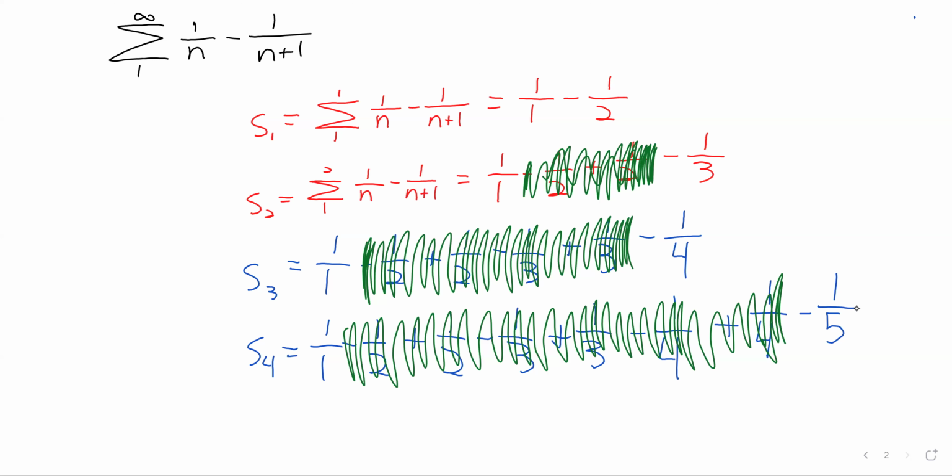And the first term is always 1. And if you look at the last term, 1/2, 1/3, 1/4, 1/5. That's a pretty predictable pattern. The next one is going to be 1/6.